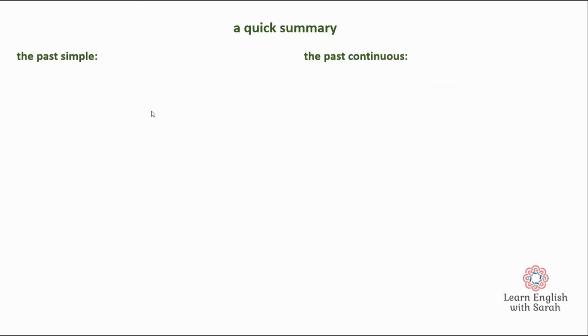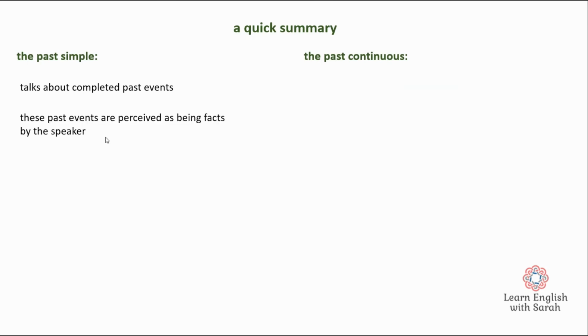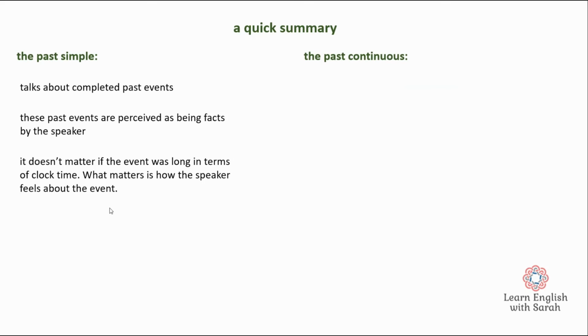So let's give you guys a quick summary. Past simple talks about completed past events. These events are perceived as being facts by the speaker. And it doesn't matter how long the event was in terms of clock time. What matters is how the speaker feels about this event.